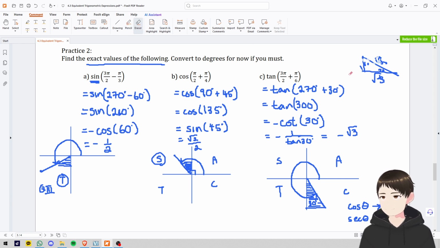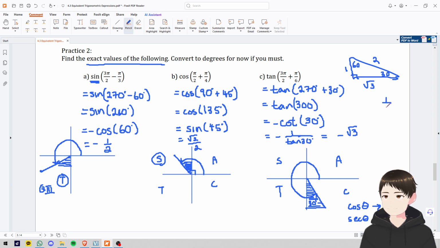You know what? I gotta do this again. Special triangles, right? That's 30, that's 60, that's a 1, 2, that has to be a root 3 to make this work. Tangent 30 is 1 over root 3, so 1 over tangent of 30 is root 3 over 1. Yeah, that makes sense. Okay, and that's today's lesson.